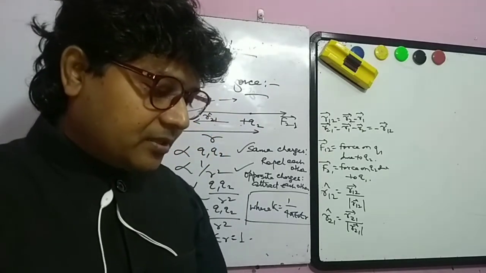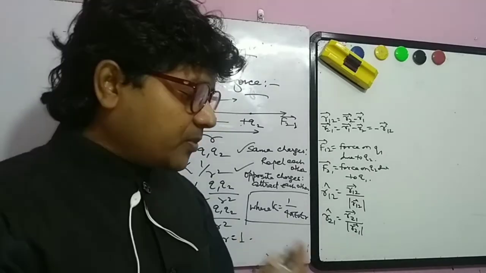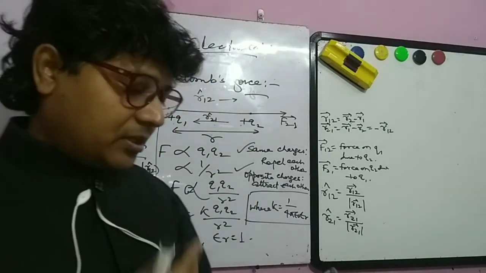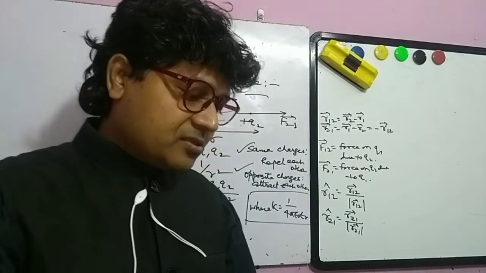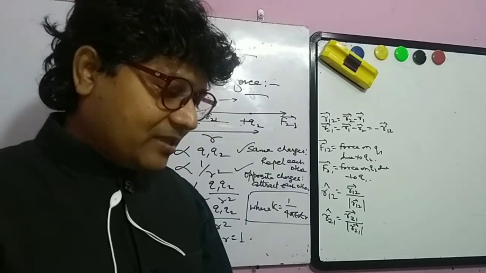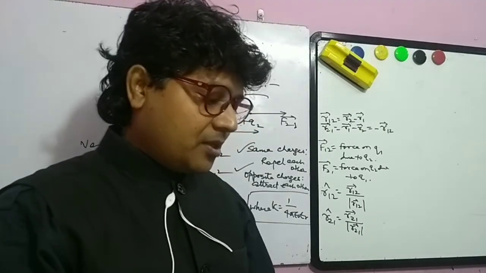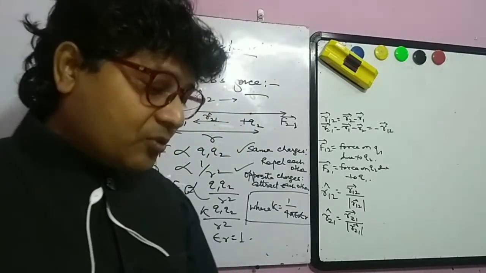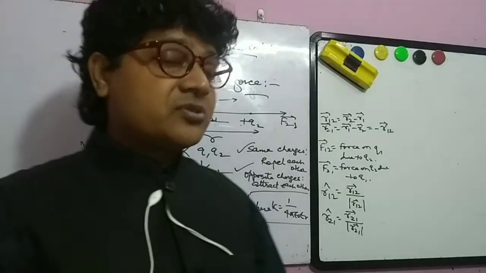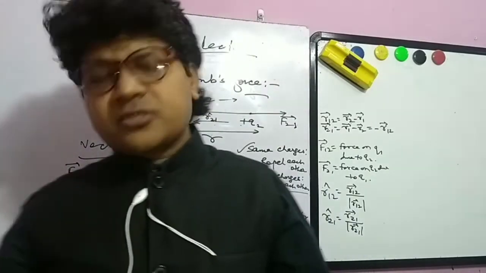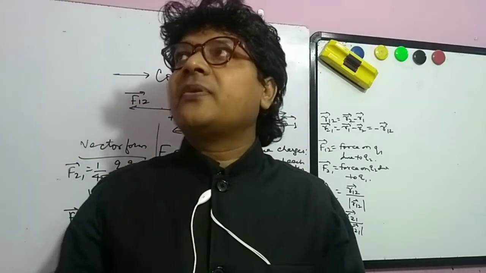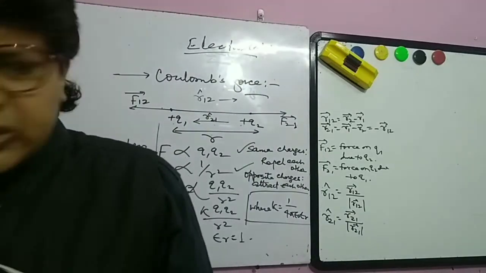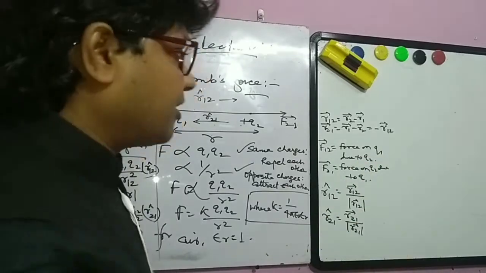A third identical uncharged sphere, this problem you can see at the corner of the screen also. Uncharged sphere C is touched to A and then placed at the midpoint between A and B. Calculate the net electrostatic force on C. So this is very simple. There is a very simple problem, or you can solve it without any difficulty.